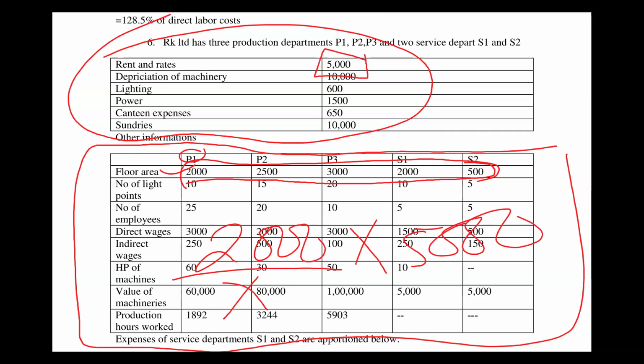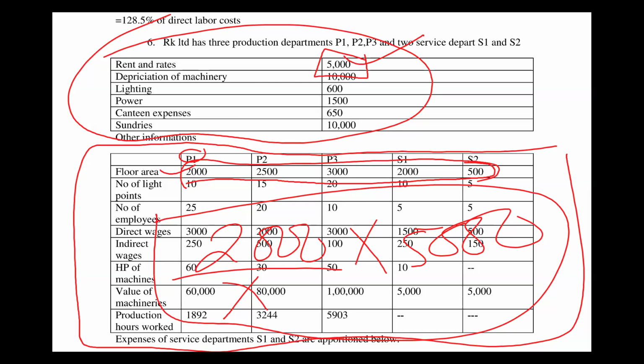When you solve this, it will give you how much of this 5,000, which is rent, is going to department P1.